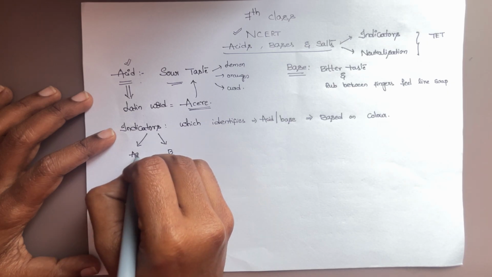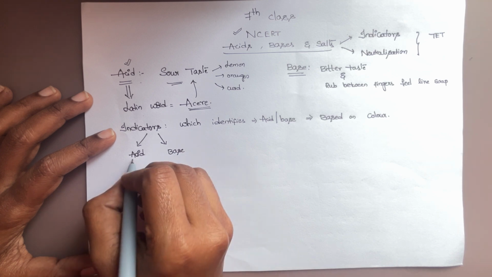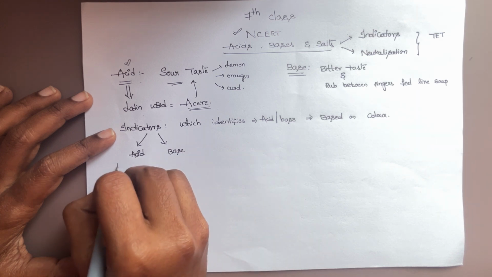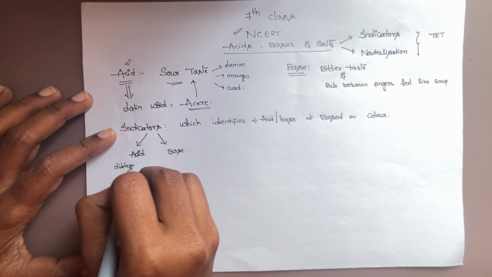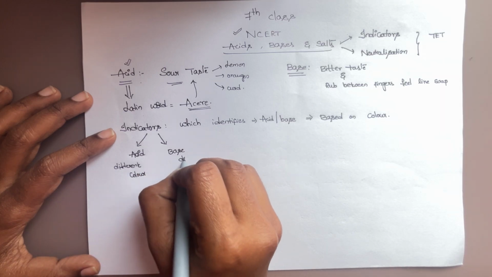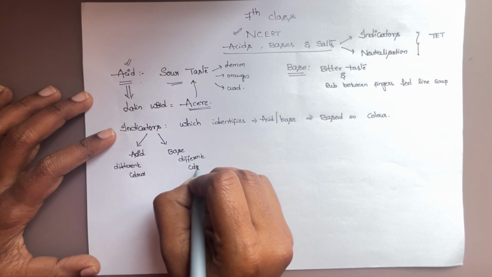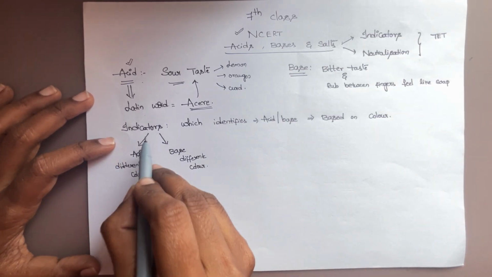So in acids we have different colors, and in bases also we have different colors.